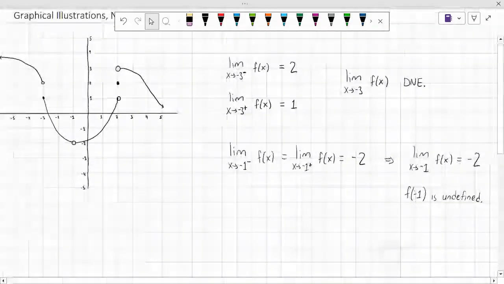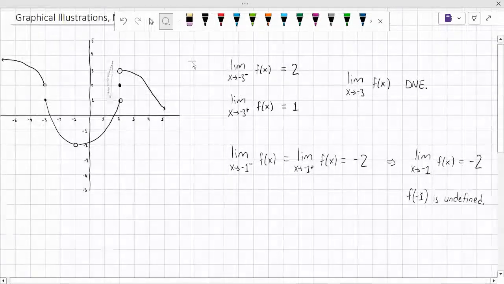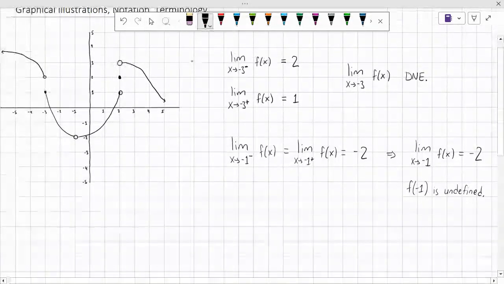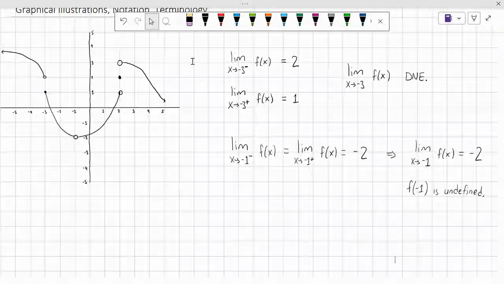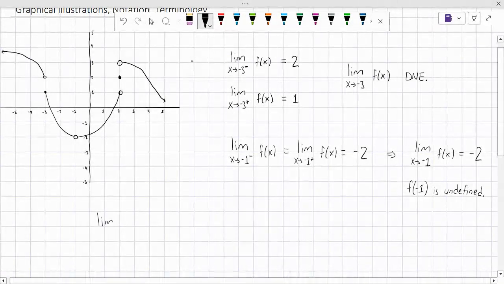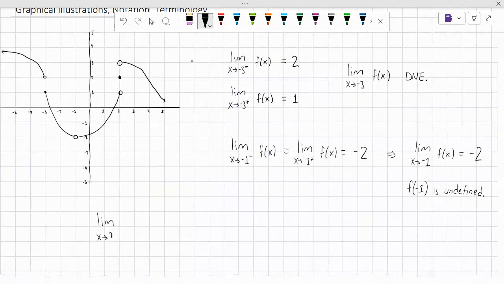And then just lastly, let's take a look at what's going on at this point. That's all that's happening at x equals 2. If we look at the limit as x approaches 2 from the left side, this function approaches a y value of 1.